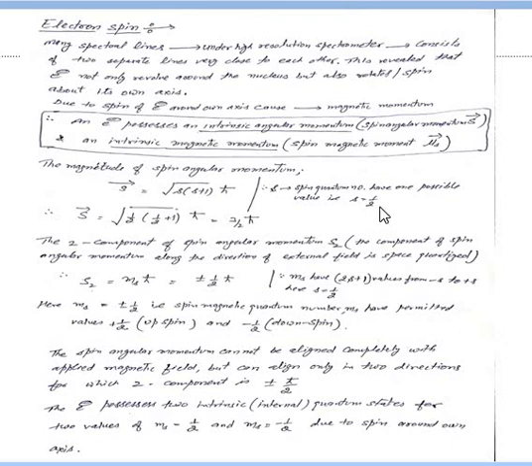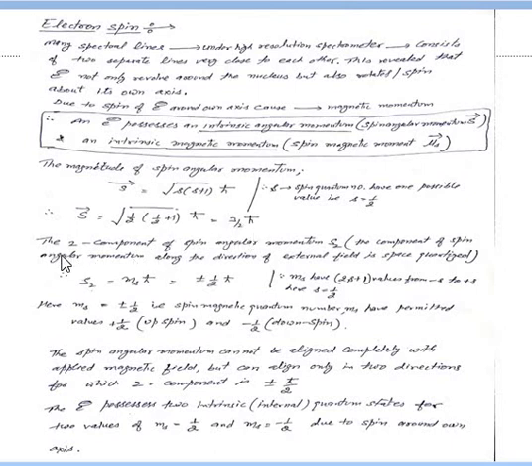If we put the value half in this expression, we find the spin angular momentum equals the square root of half into half plus 1, times h cross. When we solve this, we get root 3 by 2 h cross.